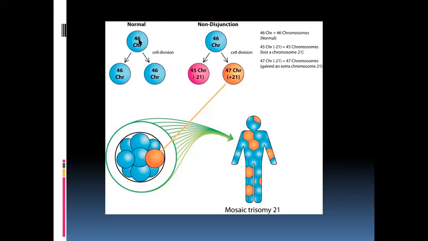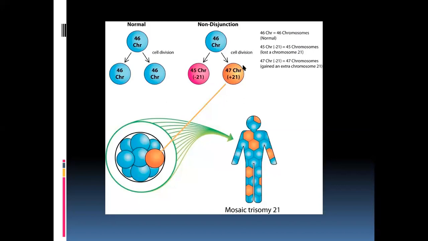Now see here, 46 chromosomes, normal cell division should give 46 after fertilization. Now abnormal cell divisions are fertilized. So what will happen? Either we might get one less or one more, so either we might have 45 or 47 chromosomes.